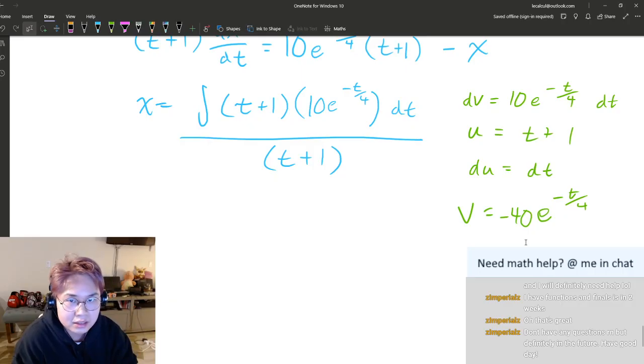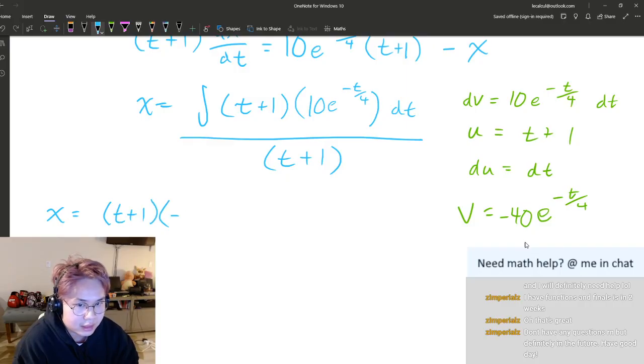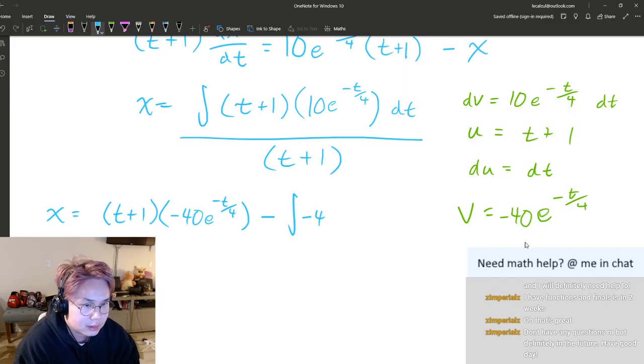Okay, and then let's see what we get from here. So u times v, which is t plus 1 times -40e to the -t over 4 minus the integral -40 e to the -t over 4 times du, which was just dt.